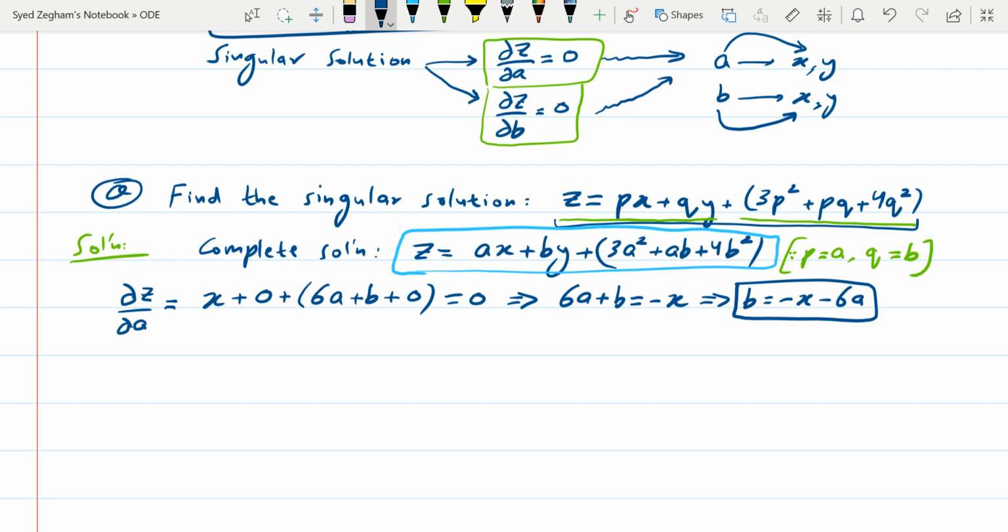Okay, let us keep it in a box. Now let's go to the second relation, which is dou z by dou b, right? Now, dou z by dou b.